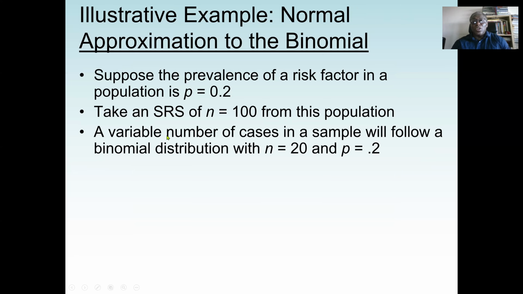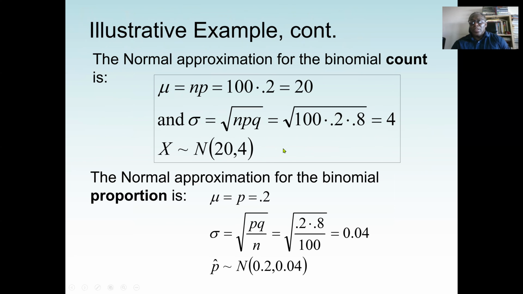The mean is 20 because we have n to be 100, p is 0.2. So the mean is 0.2 times 100, which gives us 20.